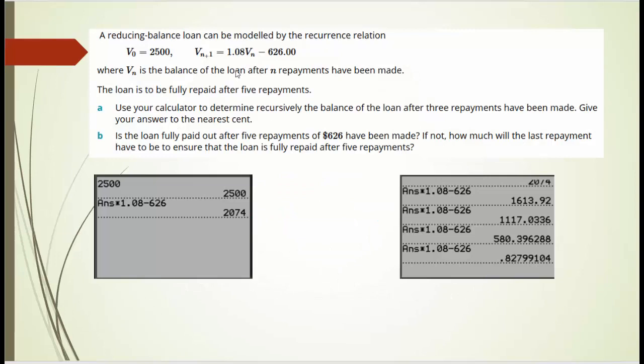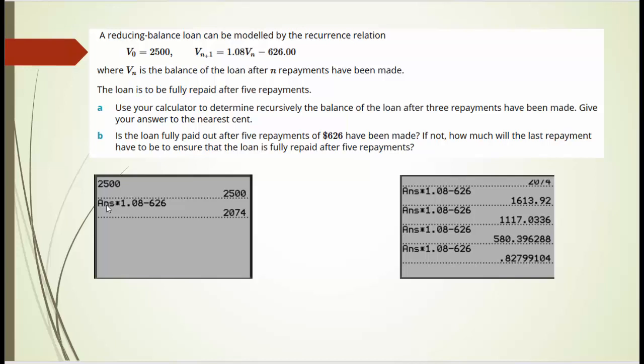On the screen now is the actual question from the textbook. We've already seen what the recurrence relation looks like. Let's now do what it asks you to do, which is to use a calculator to determine recursively the balance of the loan after 3 repayments have been made, giving your answer to the nearest cent. So on the left of the screen, first of all, put in your $2,500, the initial balance.